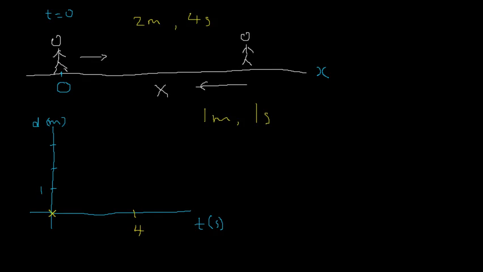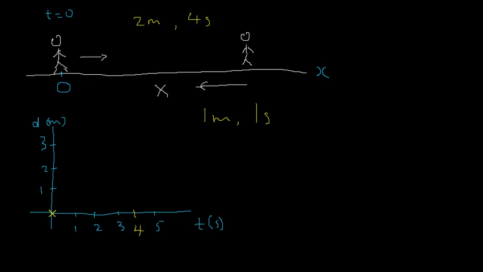So that's 1 meter, 2 meters, 3 meters. And those are the ticks for the seconds. So that's 1 second, 2 seconds, 3 seconds, 4 seconds, and 5 seconds.